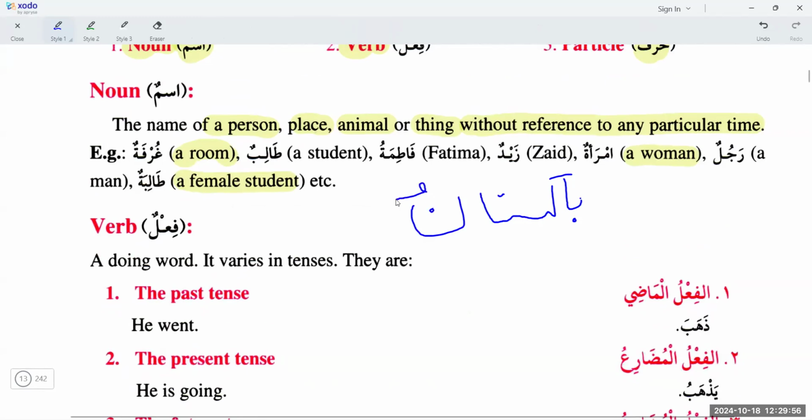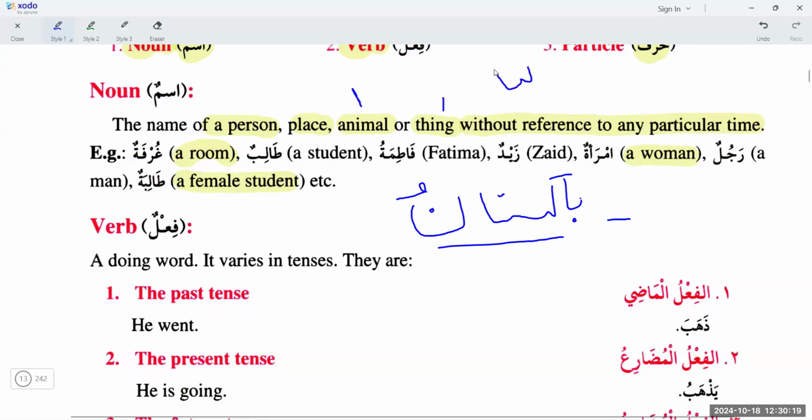This is the name of a place, the name of a country. And any name of a city is also in the category of ism. Then the name of animals, and the name of a thing.